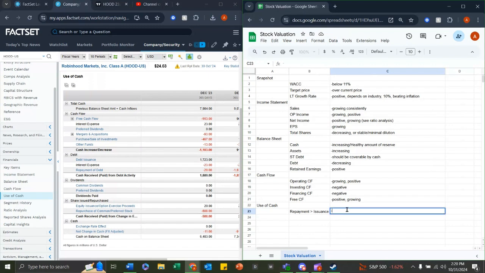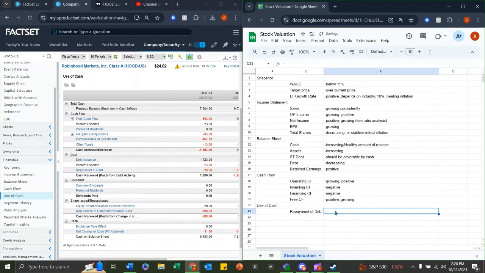I honestly really don't have a note for that. Oh, wait. What am I doing here? Consistency. Consistency is key. Should be larger than issuance.